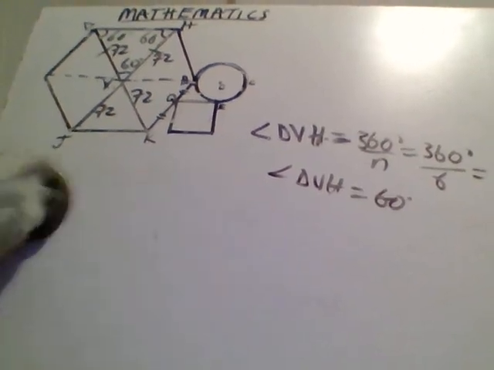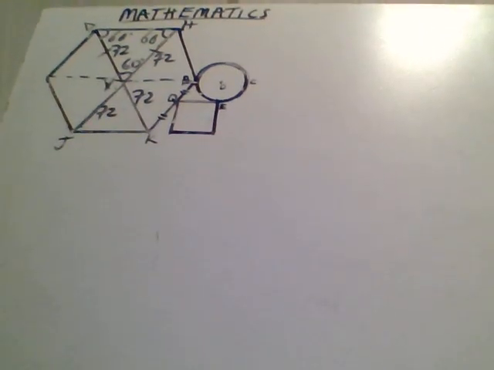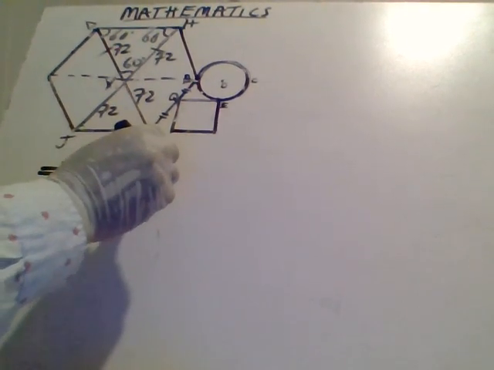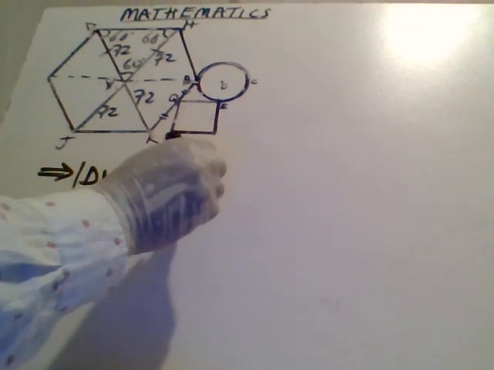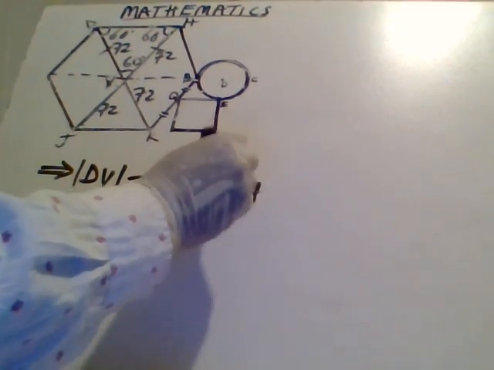In an equilateral triangle, all sides are equal and all included angles are equal, which means that since here is 60, here is 60, here is 60, DV is equal to HV, and that gives us DH.